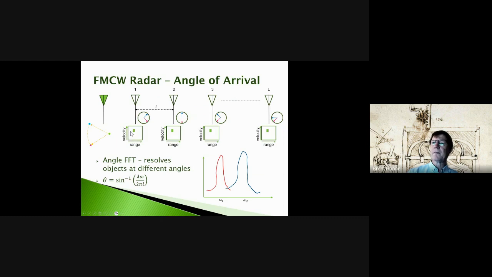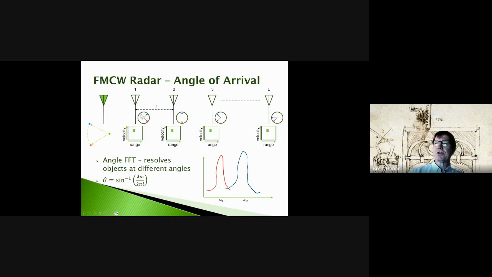So if these guys are all at the same range, and also they're traveling at the same velocity, how do we discriminate them, right? They're both going to show up at some location in this velocity versus range graph, right?